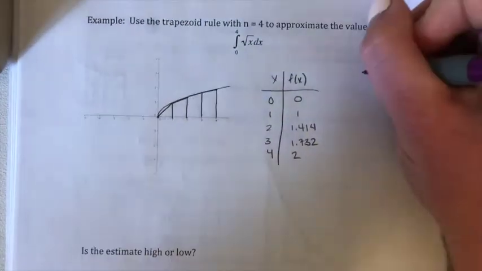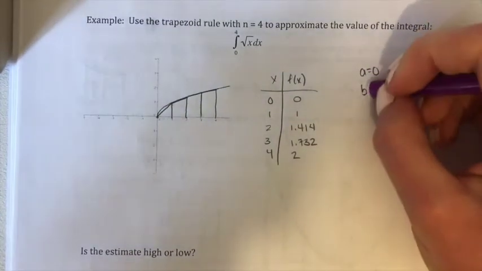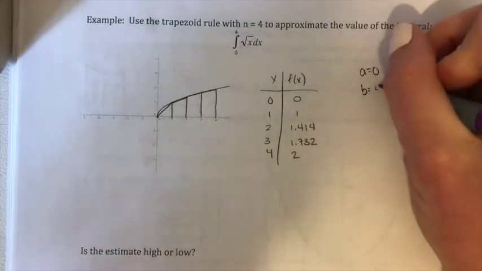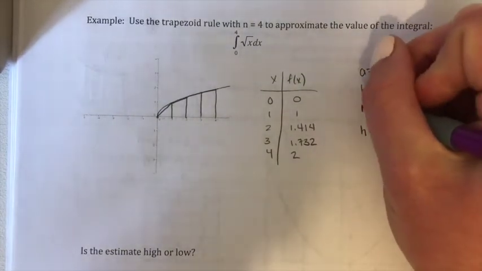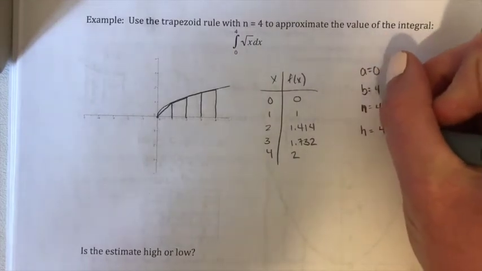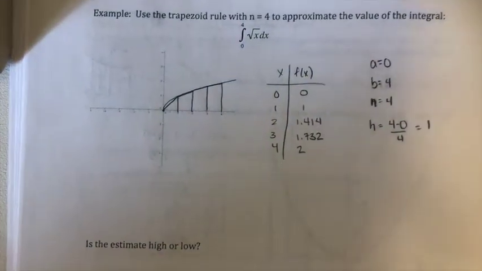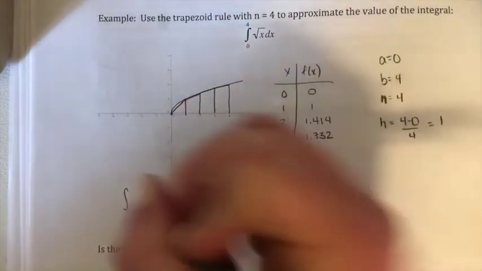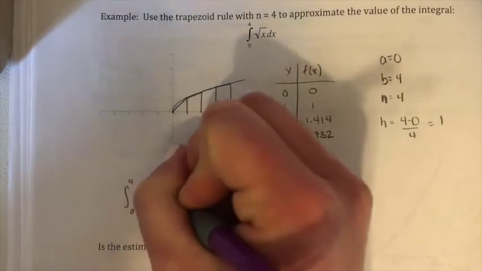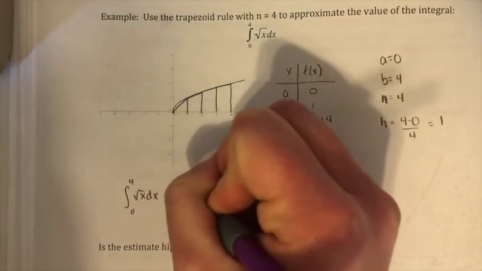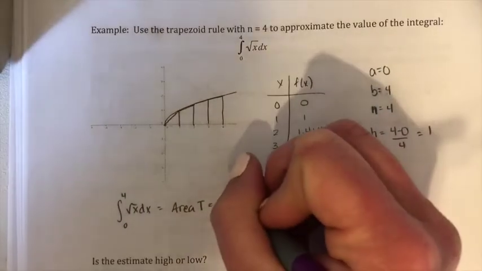Okay, we know our a is 0, our b is 4, not 2. Our n is 4, so then our h is 4 minus 0 over 4. So our h is 1 in this case. So then the integral from 0 to 4 of root x dx, as shown by the area of the trapezoids, we're going to use that formula.